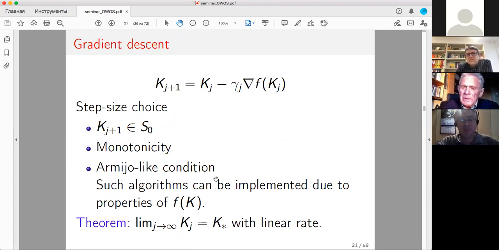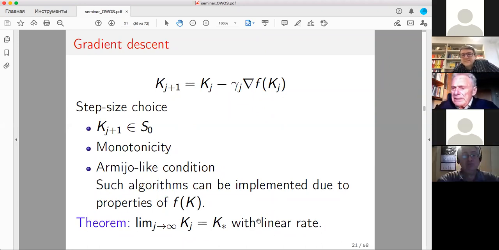So actually, a rigorous algorithm of this form can be easily written, and due to this gradient domination condition, we can guarantee convergence to the optimal regulator, and it is a linear rate of convergence. Okay.